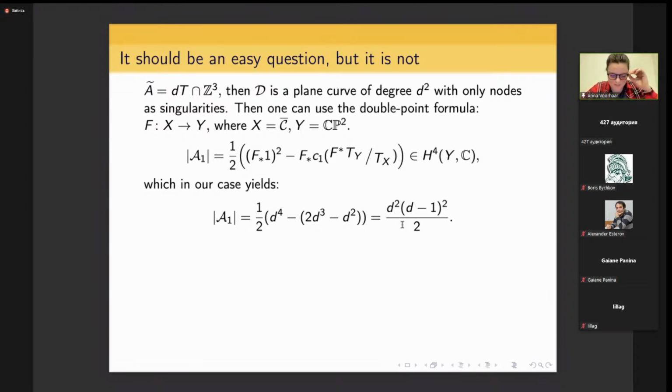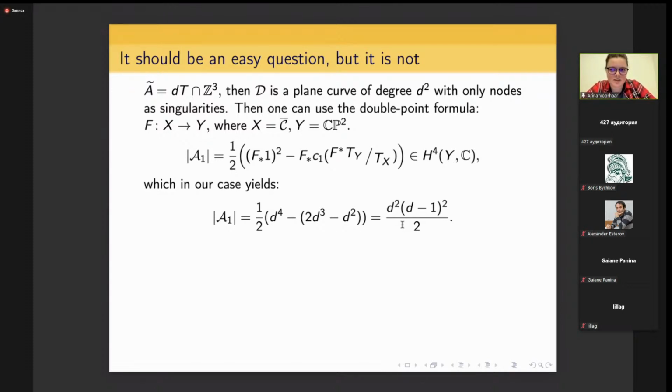But unfortunately, there is something that we took for granted, which is definitely not true in general. What we took for granted is that the curve D is Newton non-degenerate.